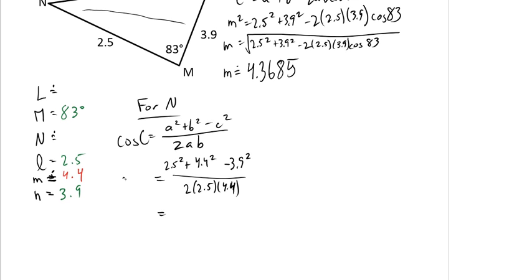So, cos C equals, shift, cos, bracket, bracket, 2.5 squared plus my answer squared minus 3.9 squared, close bracket divided by open bracket, 2 times 2.5 times that answer.